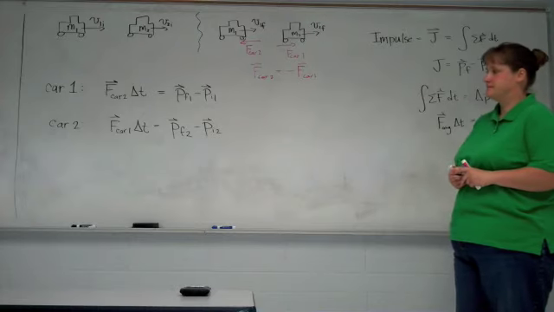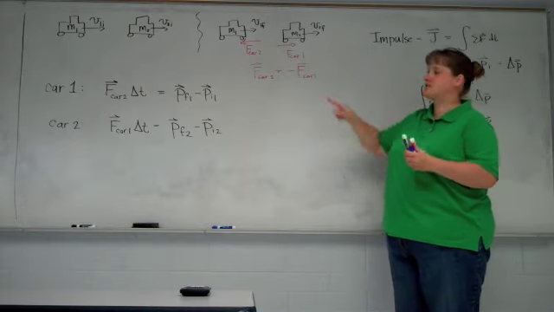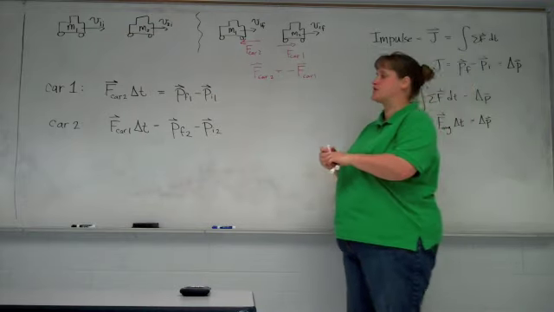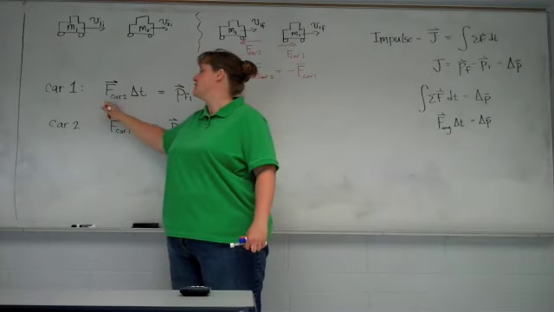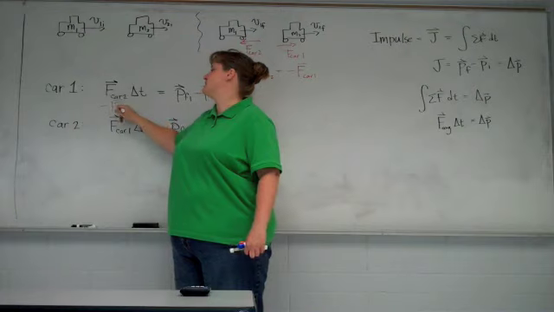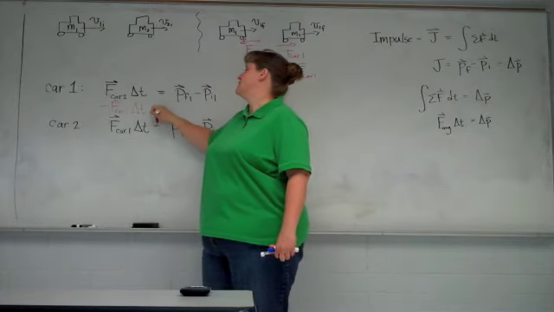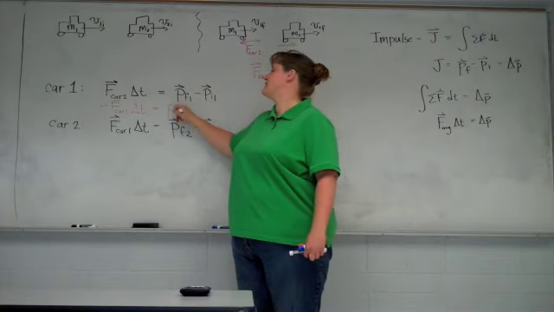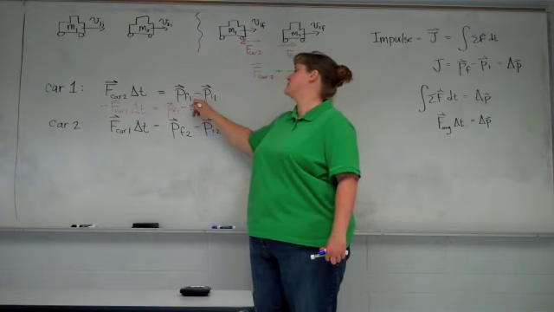Okay. But, as we said, the force of car 2 is equal to the negative of force of car 1. So we can actually write this top equation as minus force of car 1, delta t, is equal to the final momentum of car 1 minus the initial momentum of car 1.